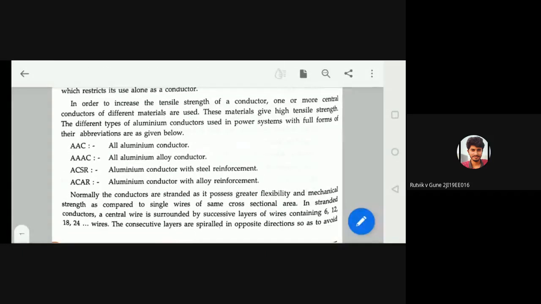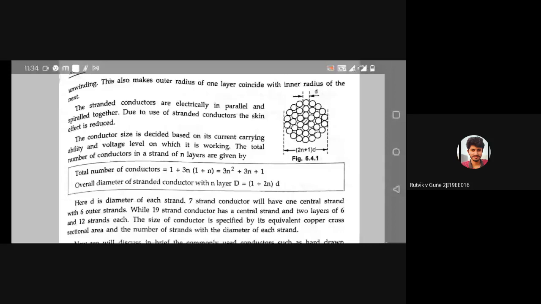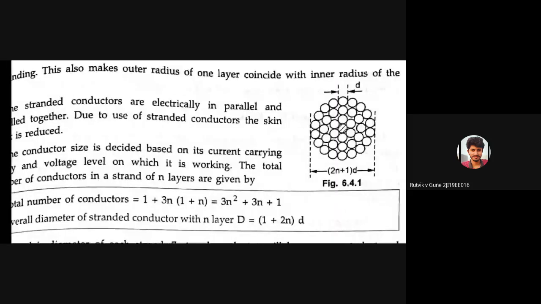The consecutive layers are spiraled in opposite directions so as to avoid unwinding. See how they are combined. This is how the conductors are bundled together.